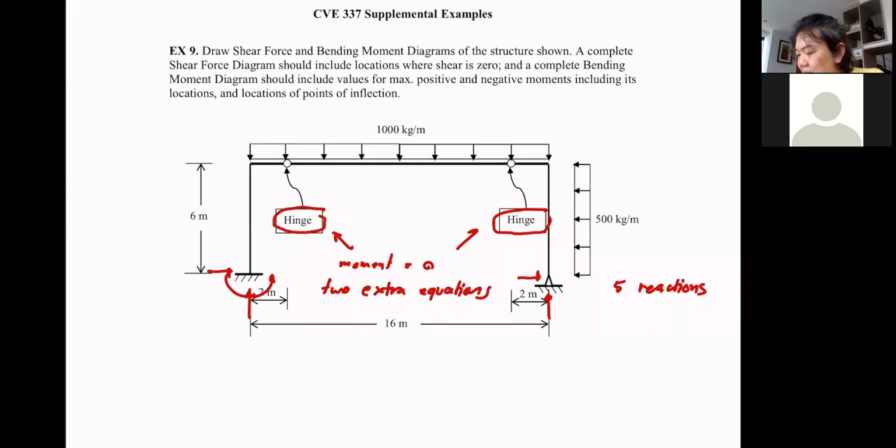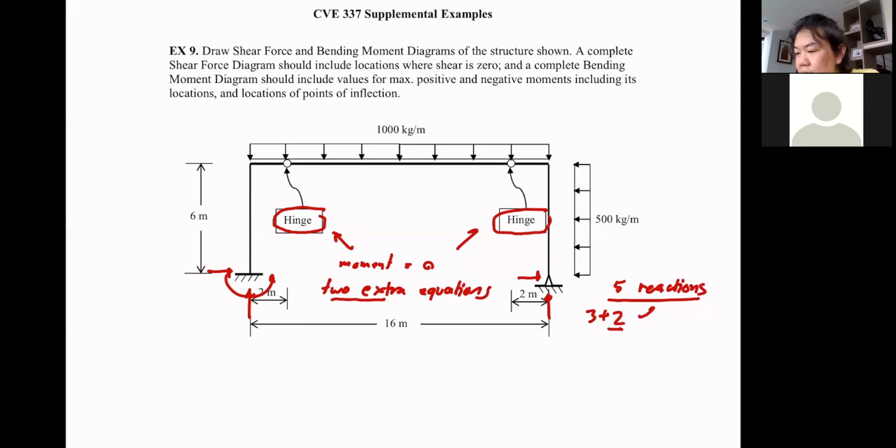From these 5 reactions, you have your typical 3 equilibrium equations, plus 2 more extra equations here. That means this is a determinate structure. You're going to get this again in my next class, Structure Analysis 2.